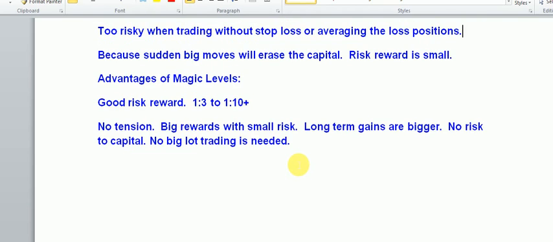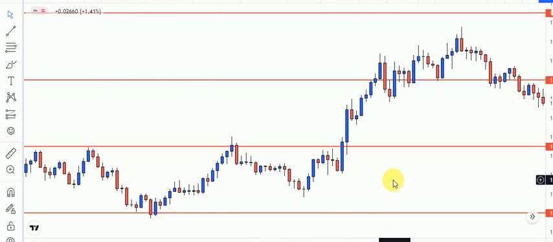Another advantage is there is no tension at all when you're trading with magic levels. Big rewards with small risk, and long-term gains are bigger. No risk to capital, because you need not trade with bigger lots, as you are getting big profits with small lots itself.